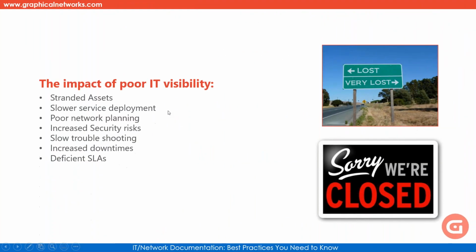All right. So the impact of poor IT visibility. So why is it important to document your networks, your data centers, office floor plans, telco rooms? It's important because, one, network documentation is really important to find information fast and quickly, especially if you have automated network diagrams, which we can show you how you can do that in NetTerrain.